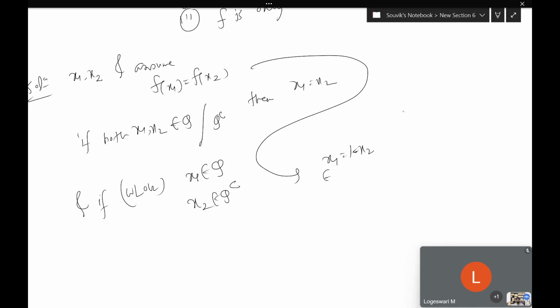The point is the left side is a rational value and the right side does not belong to the rationals, so this equality can't hold. So both are rational or both are irrational, and this automatically leaves x1 equal to x2. So f is injective.